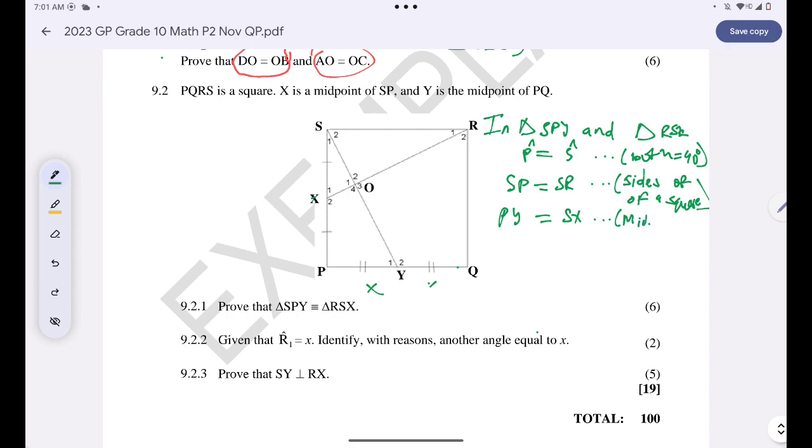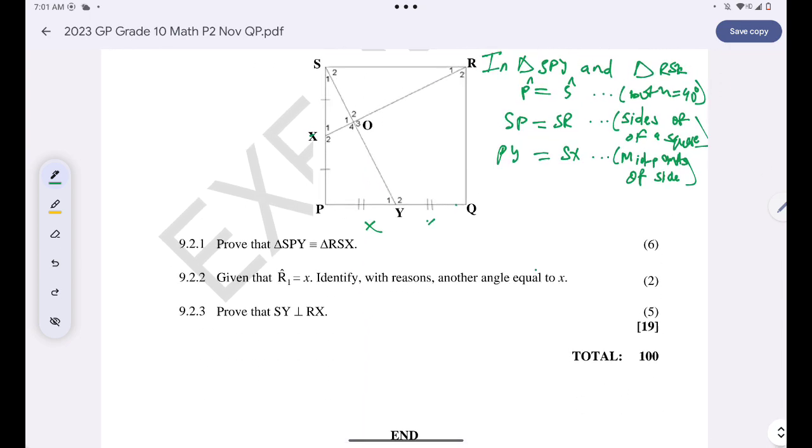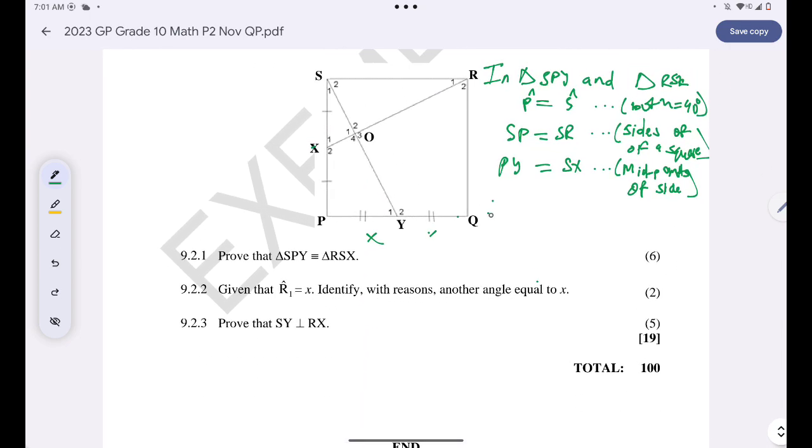These are midpoints of the sides of a square. Now I've shown that three things are equal, and since these are right angle triangles, I'll simply say triangle SPY is congruent to triangle RSX.